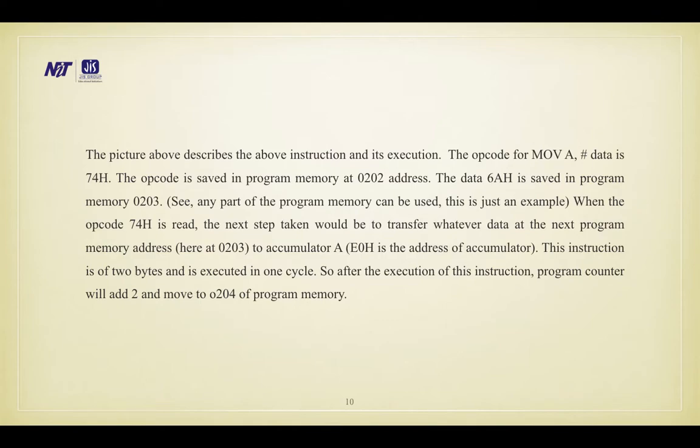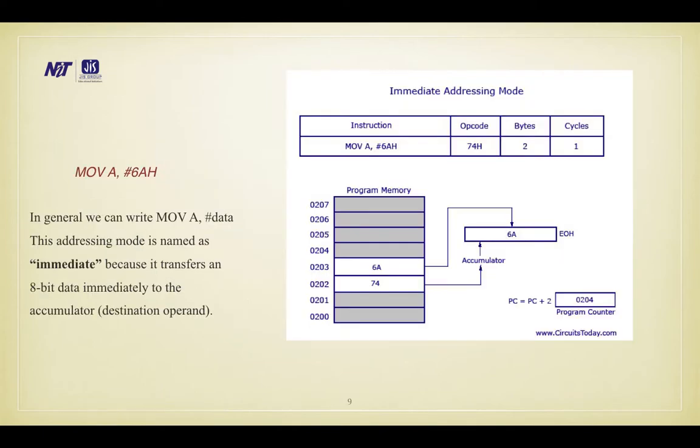The opcode is saved in program memory at address 0202. The data 6AH is saved in program memory at 0203. So see the earlier one. The data is at 0203 and the opcode is at 0202.